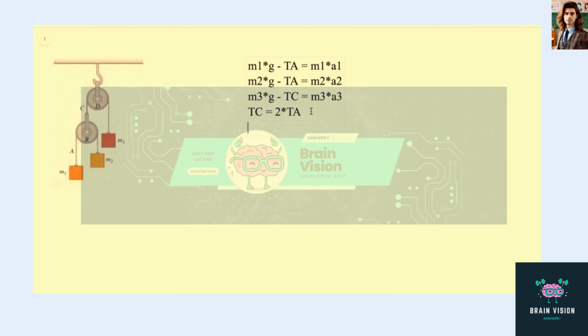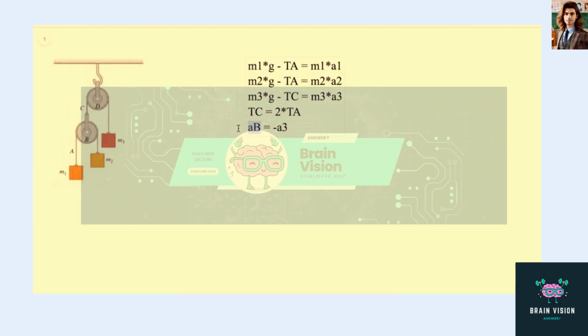And then we need one more equation. So one thing that we can notice is that the acceleration of pulley B, let's call that AB, is going to have to be equal to minus A of mass 3, because these are both connected to the same pulley. So if one goes up, the other's going to have to go down, and vice versa. And now the acceleration of B is just going to be the average of the accelerations of 1 and 2.